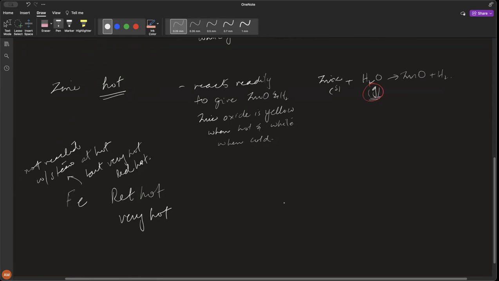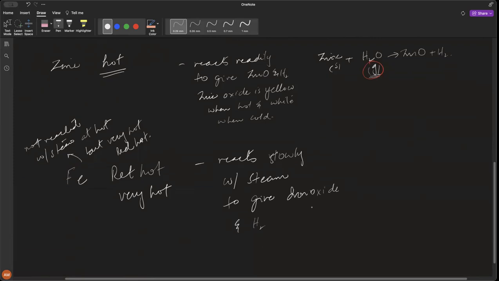This is telling us that iron is less reactive than zinc, right? So red hot iron reacts slowly with steam. Even if it is kept red hot, it still reacts slowly with steam to give iron oxide and hydrogen gas.